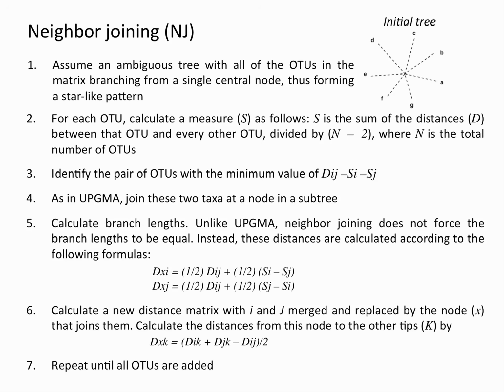This method starts with the construction of a star-like tree with all taxa included. Then, for each taxon, we calculate a measure of the distance between that taxon and every other taxon.